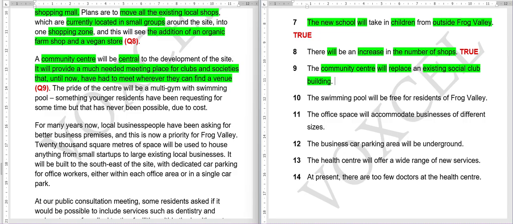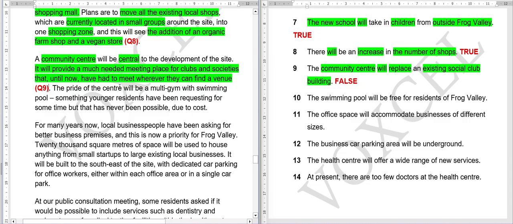Okay, time's up. I'm going to write the answer now, and the answer is false. I hope you figured it out, but if not, don't worry, I'm going to tell you why it is false. So here they're saying that at present there is some social club building that will be replaced by a community center. But what are they saying here? They're saying that this community center will provide a much needed place for clubs and societies that until now, meaning right now, don't have any particular place.